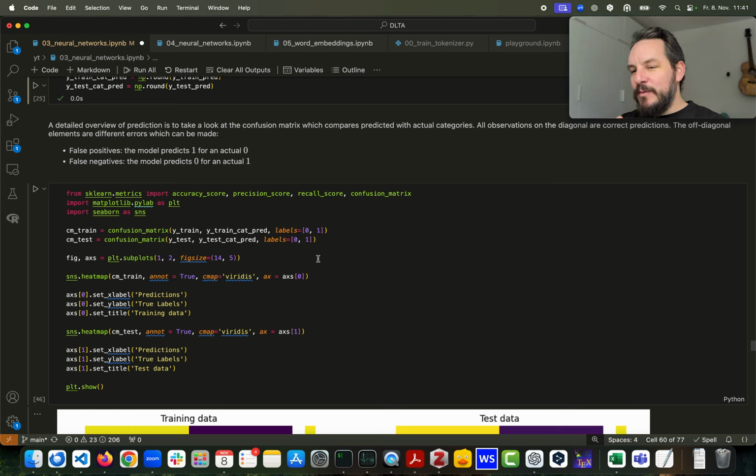If I predict category 0, and in reality it is category 0, then this is a true negative. So you can make two errors. You can predict that this is category 1, but in reality it is 0. That is the false positive. And you can predict that this is category 0, but in reality it is category 1. That is the false negative.